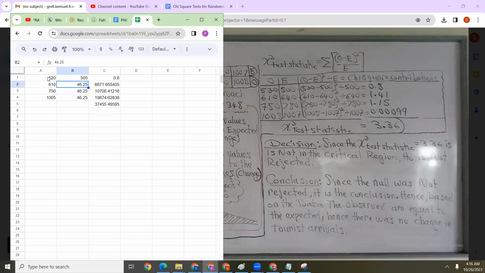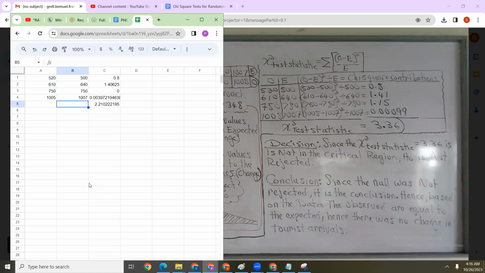Now, as you can see, because the formula has been programmed already in this spreadsheet, the calculations for each chi-square contribution are being calculated automatically, and the summation is being done automatically. 640, 750, and 1007.